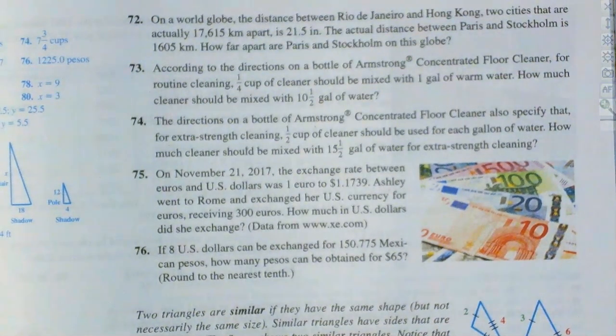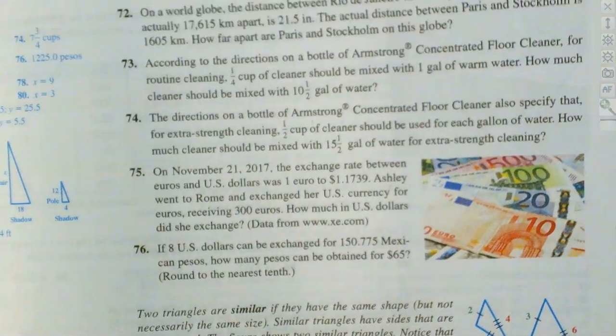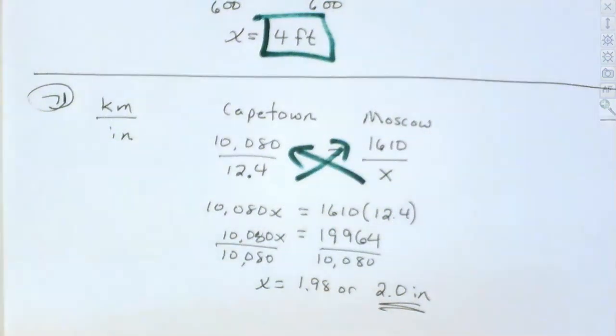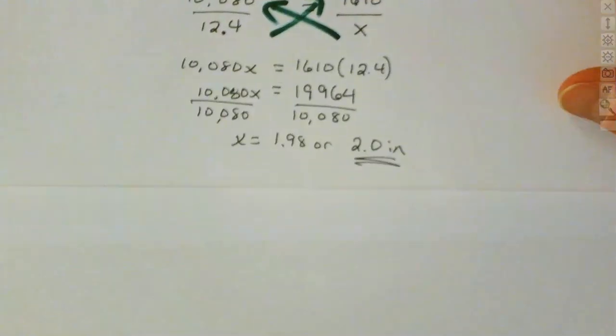So maybe I have to fill up a floor machine, and that floor machine holds 15.5 gallons. I need to make sure that I use the correct amount of cleaner for that floor machine. So we need to set up our ratio.